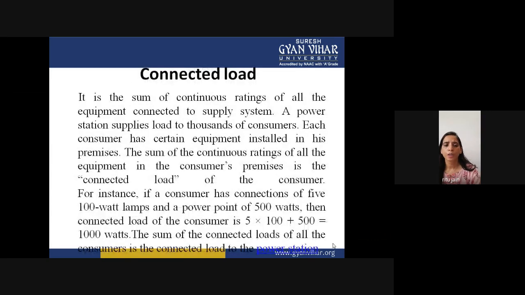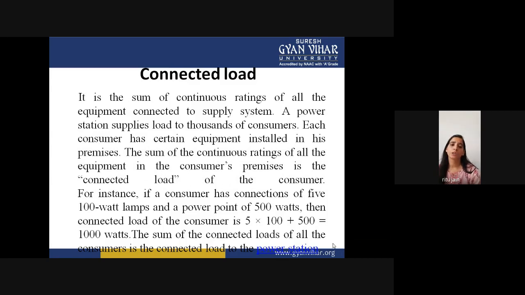Now, first we have to understand what connected load is. First we will understand the definition of connected load, then we will take an example. It is the sum of continuous ratings of all the equipment connected to the supply system.